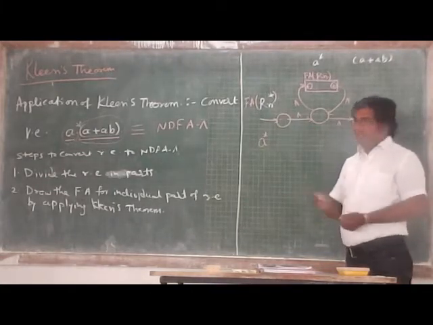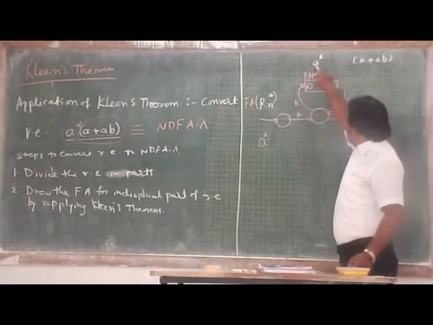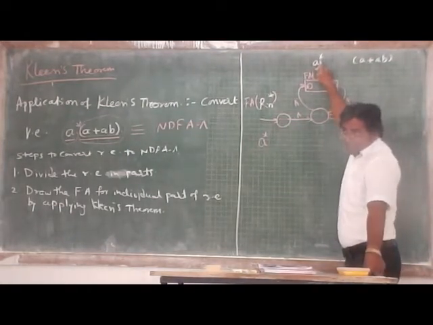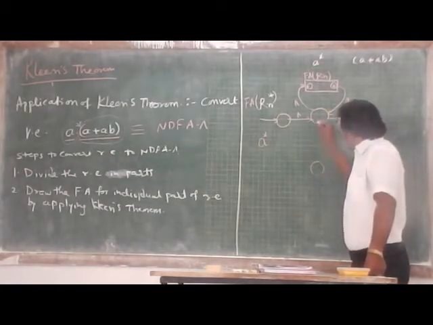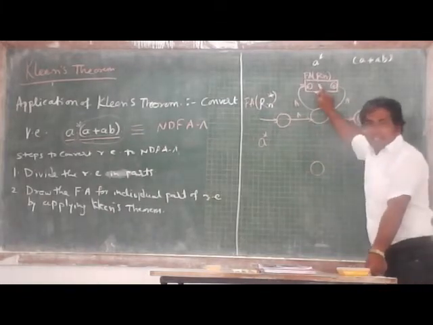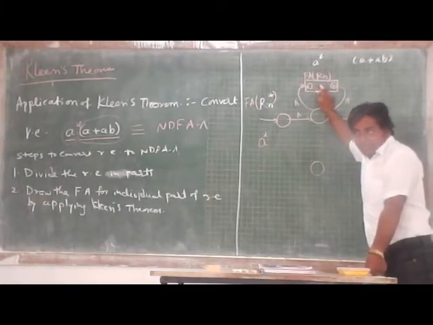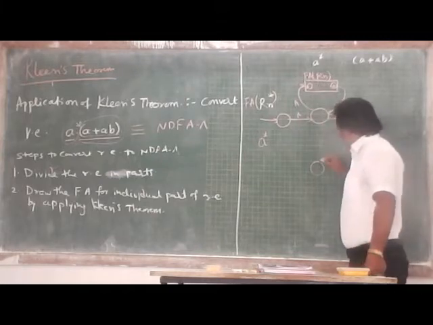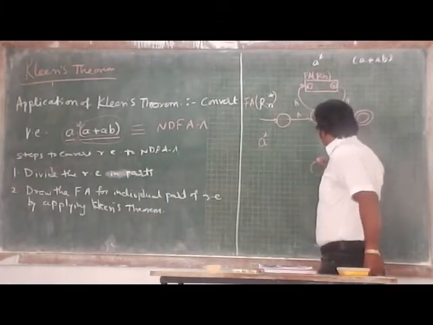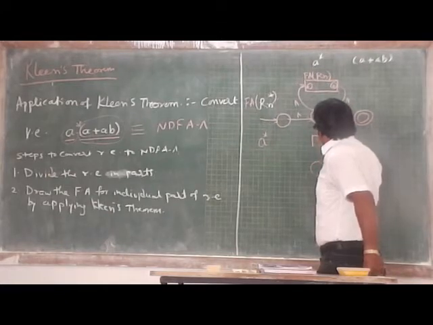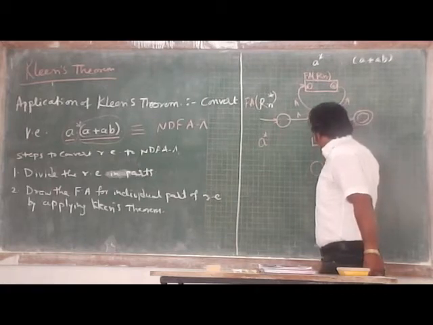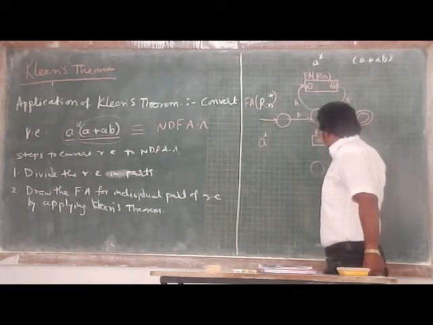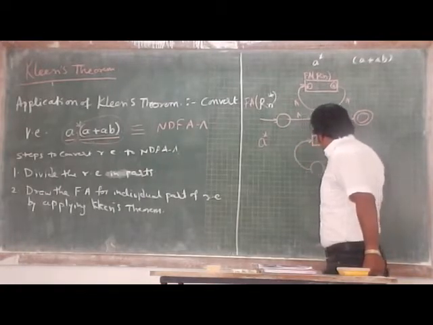Do you understand? So here I want to have an automata for A star. How should I do that? I can keep all these things as they are. Only the Rn I have to replace by A. So this is the regular expression A, and this is the automata for Rn, and Rn is equal to A. So I prepare a loop.